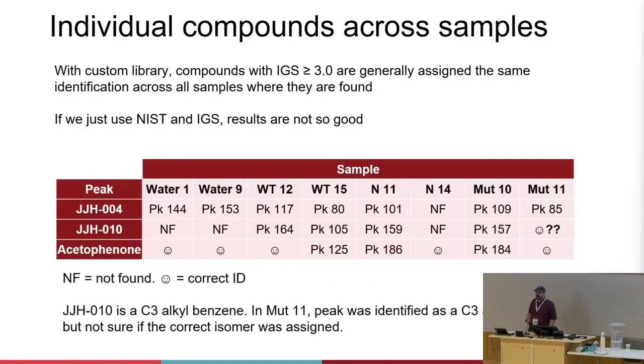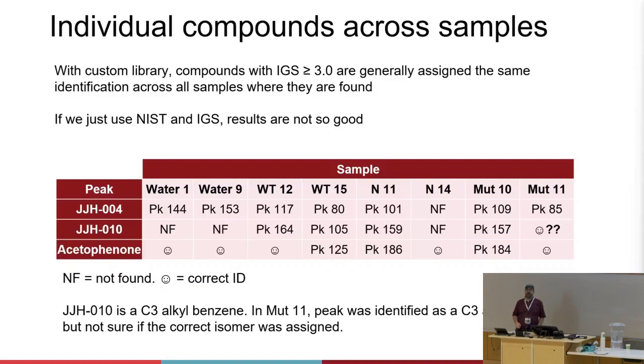Also really useful when you build your own library and start using it and searching it first. Here are 3 compounds that I just picked out of the P data. All these peaks with my custom library always got identified as the exact same compound. With just using the NIST library and not my library, this peak here was given all these different names.